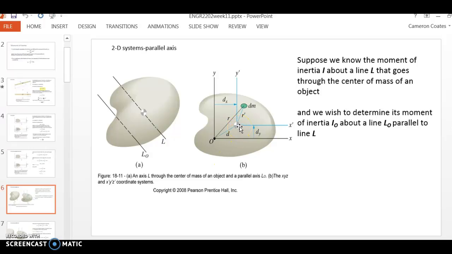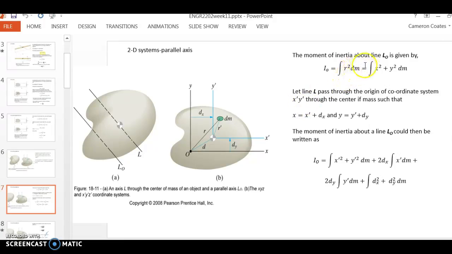I have the centroid located here, and my line L is coming out of the plane of the board, and that's affiliated with axes x prime and y prime. Then I have the line LO coming out of the plane of the board here, perpendicular to the plane of the board as well, and the axes affiliated with LO are x and y.